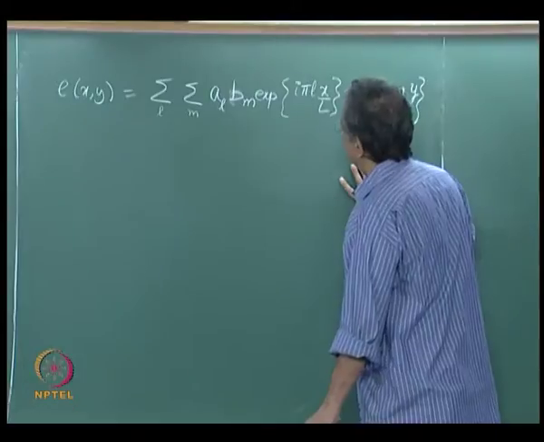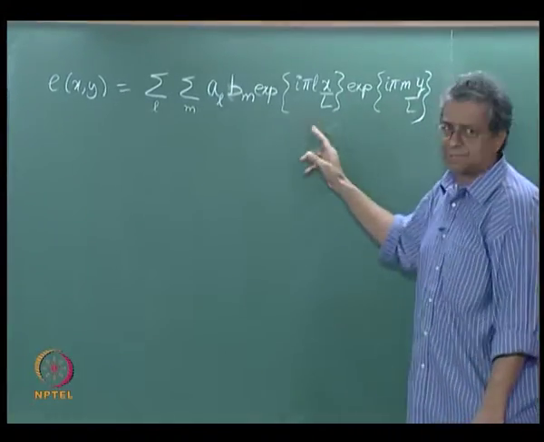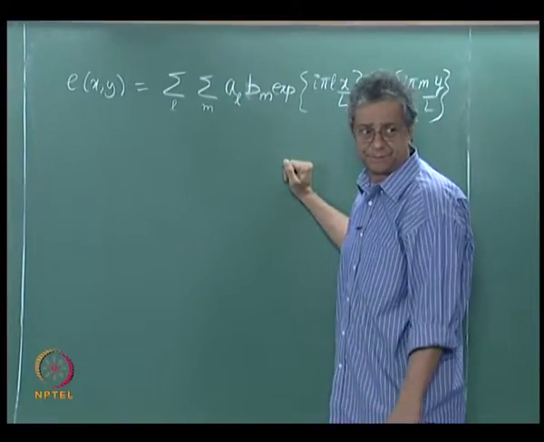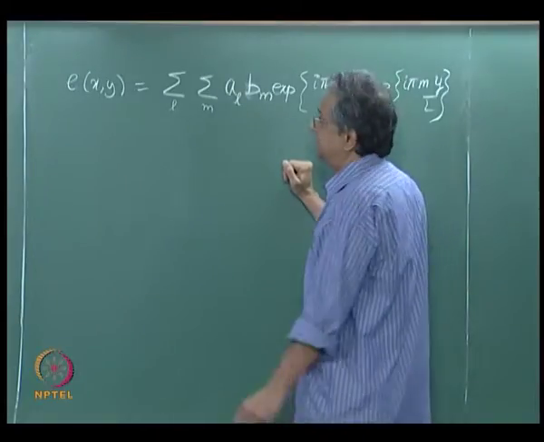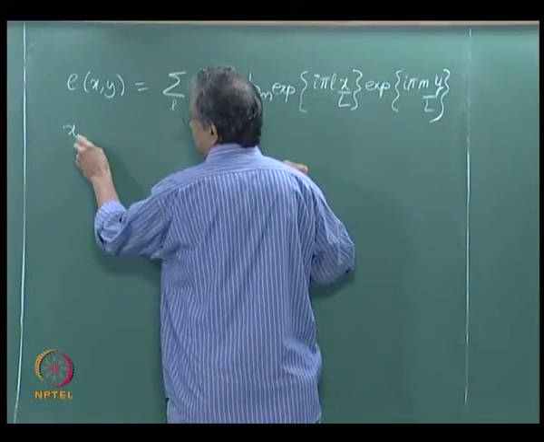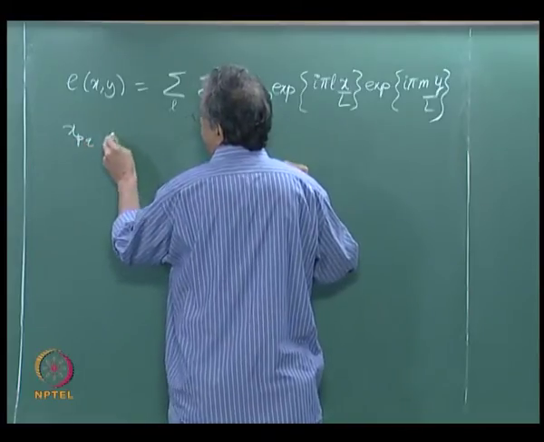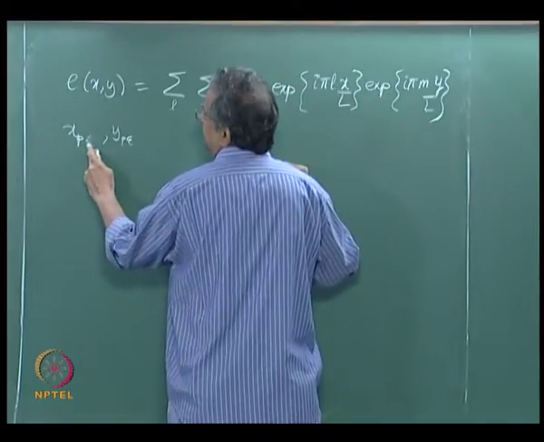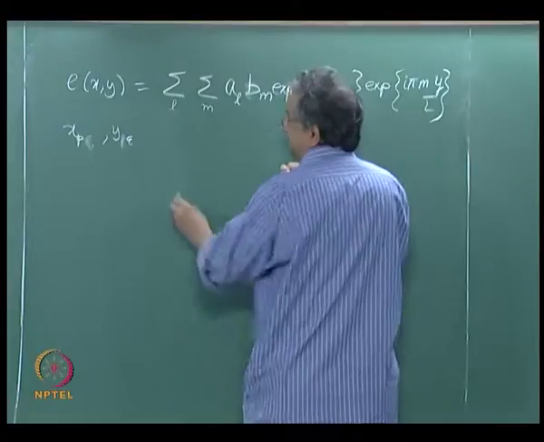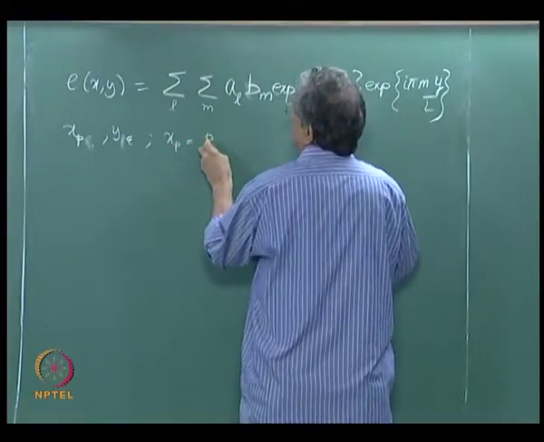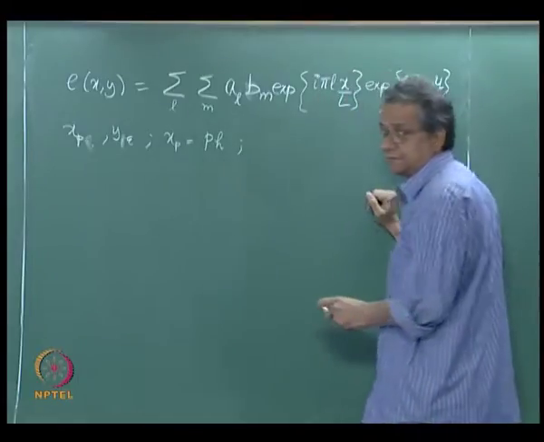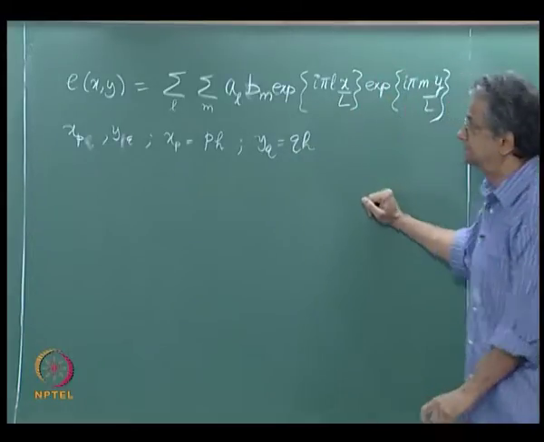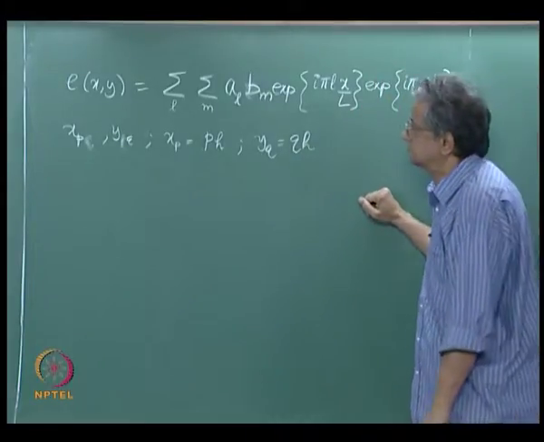Fine. Now, though this is a continuous function, I plan to substitute it into that equation, the iteration equation, which is a discrete equation, and that is going to be evaluated at my grid points, which are x_pq and y_pq. Because it is a uniform grid, I do not need the q here, nor do I need the p here. So x_p is p times h, where h is the grid size, and y_q is q times h. Right.